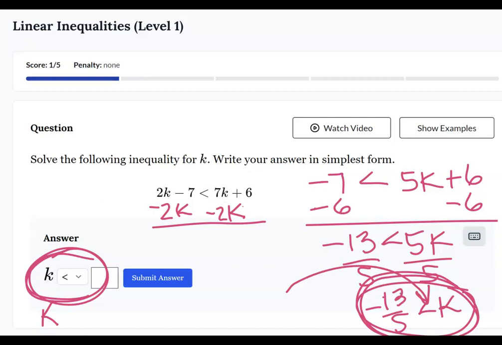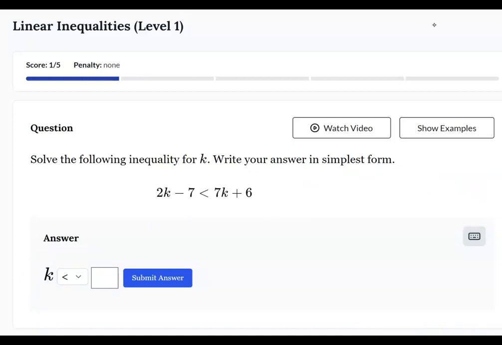So negative 13/5 is less than k. And if we read it in reverse, we would be saying k is greater than negative 13/5. So if you were to type your answer here, you'd have to switch this to a greater than sign.